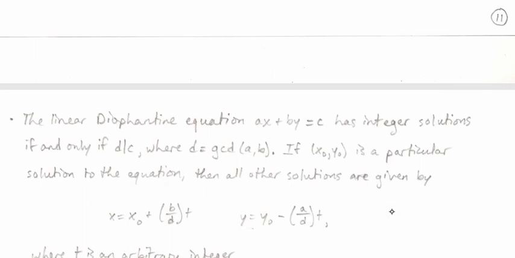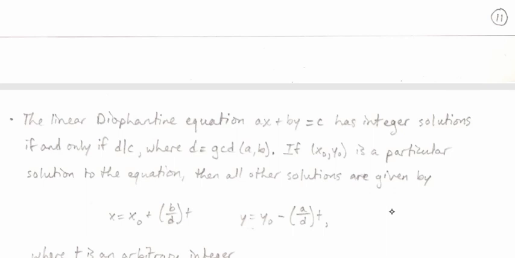So first, under what condition do we know that a linear Diophantine equation has integer solutions for x and y? The linear Diophantine equation, again in the form ax plus by is equal to c, has integer solutions if and only if d, which is the GCD of a and b, divides c.